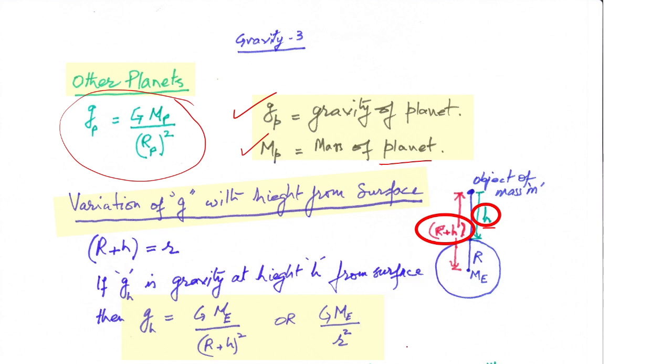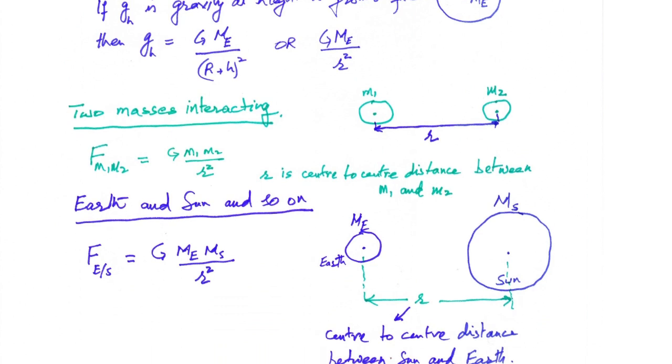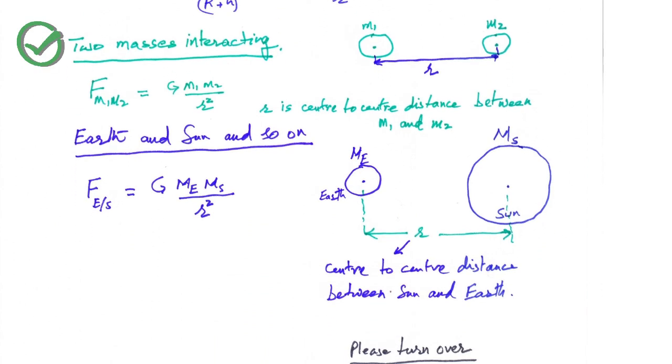Two masses interacting with each other, we have already done it, so there is no need to explain it here. Now we talk about Earth and Sun and so on. Instead of other masses, we are going to take mass of Earth and mass of Sun and the square of the distance between the centers of the Earth and Sun, and we will be able to find the attractive forces of gravitation between Earth and Sun.